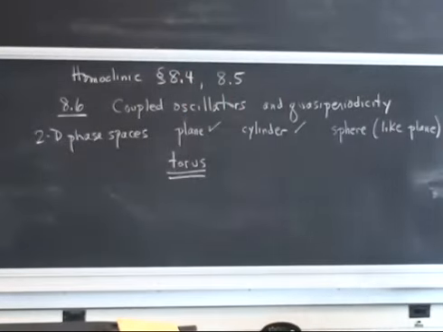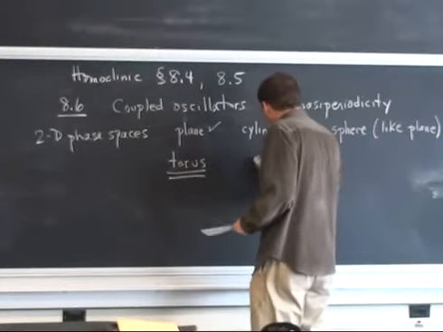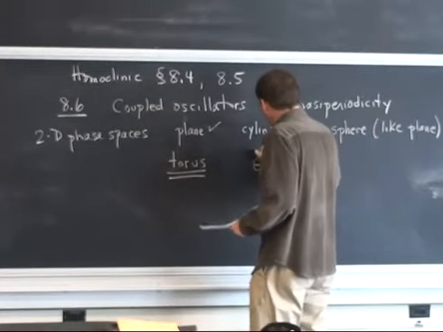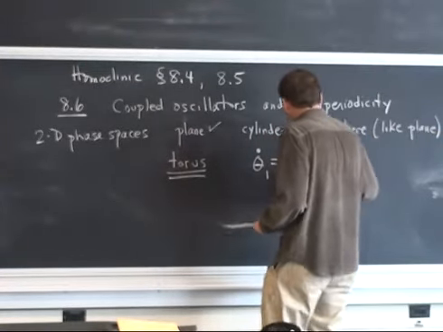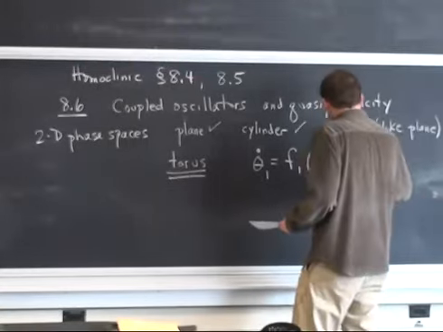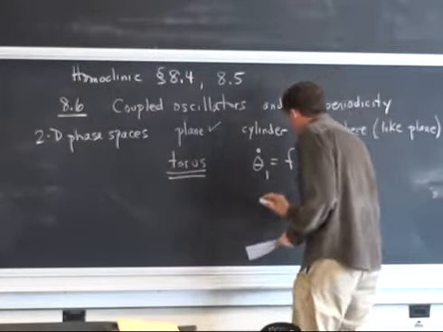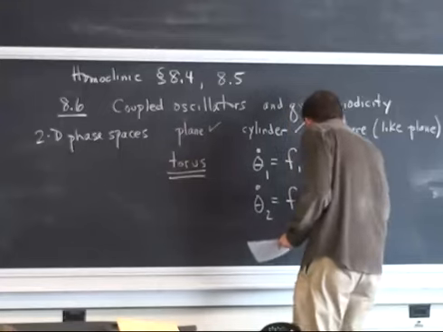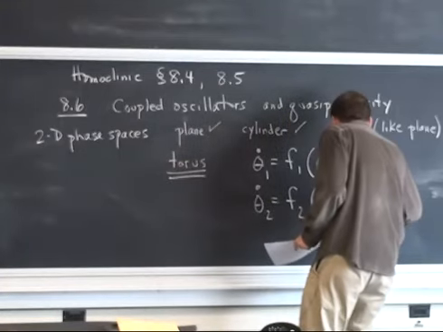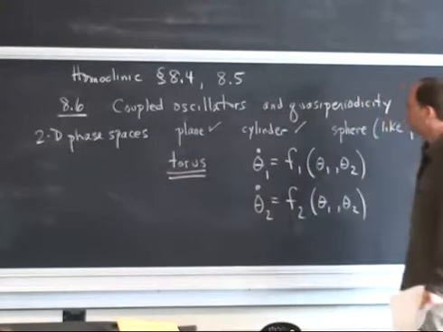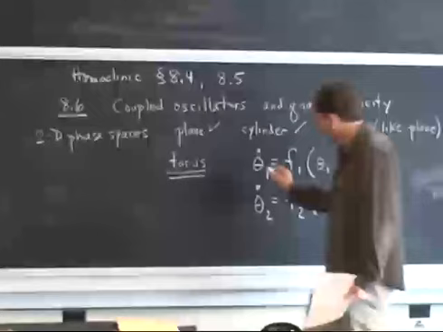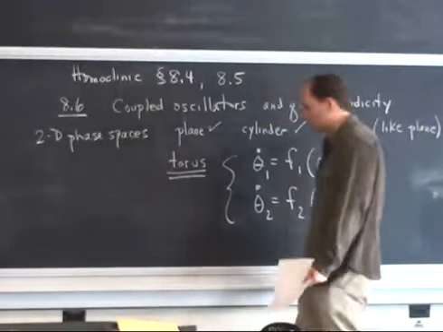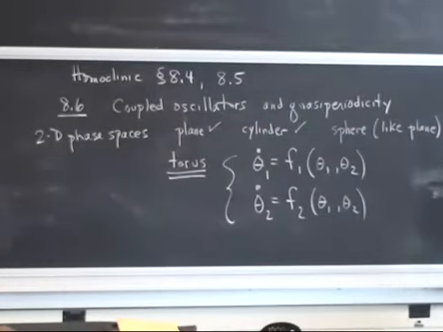So a torus would be the case that would come up if we had two angles. Suppose I have a system theta 1 dot is some function of theta 1 and theta 2, and theta 2 dot is also a function of theta 1 and theta 2, but a different function. And so the torus is very natural for problems that look like this, where you have two angles.